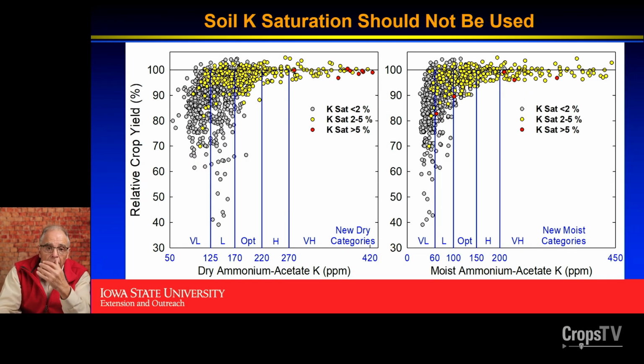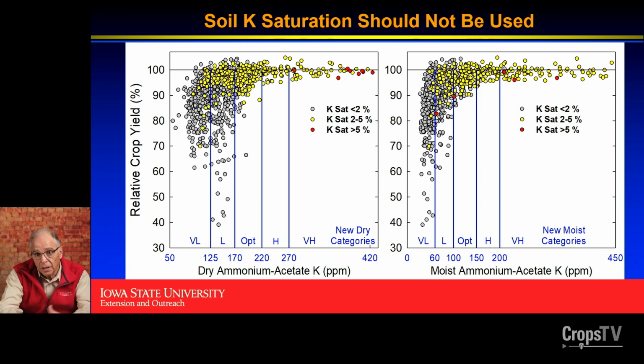And I have started showing this over the last year or two. See, some people out there still are insisting that we should not use the soil test that has been calibrated, that we should use for potassium, the percent saturation. We have been saying all over the north central region, no, that's not good.